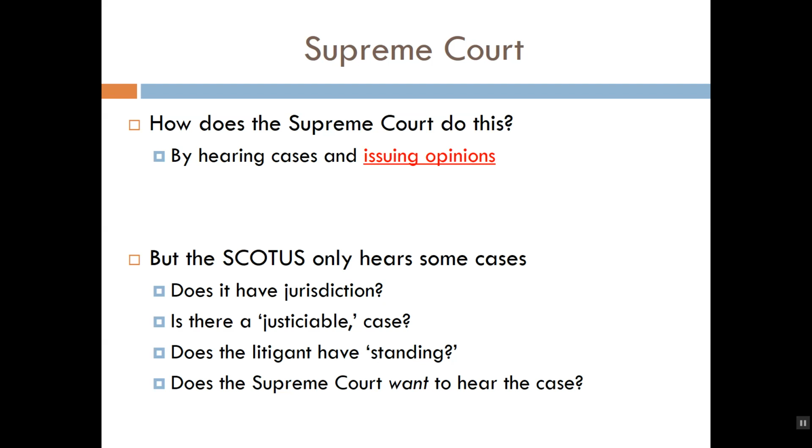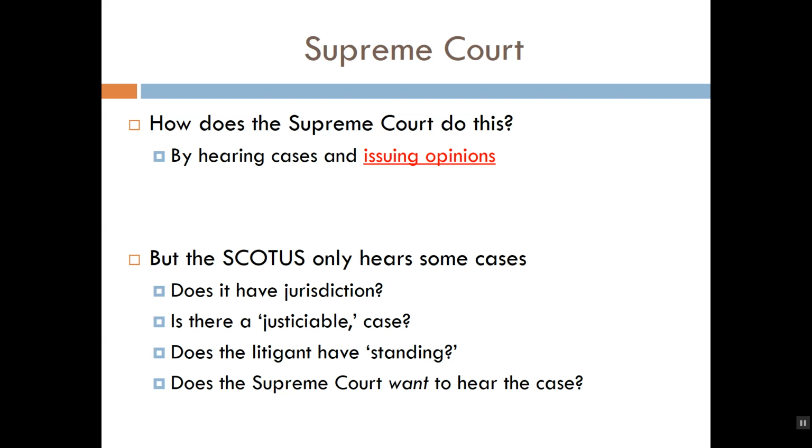A justiciable controversy. That's kind of a confusing term. I prefer the phrase a case in controversy, but either way, a justiciable controversy, a justiciable case, or a case in controversy is any dispute over an actual law or action of the government in which a real person has already suffered an actual meaningful injury.